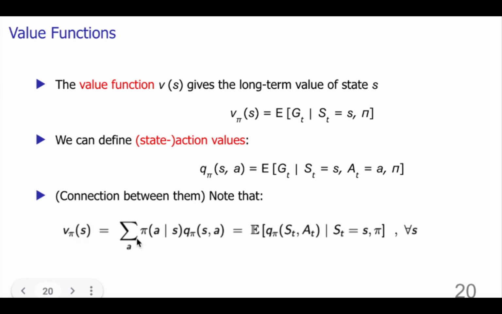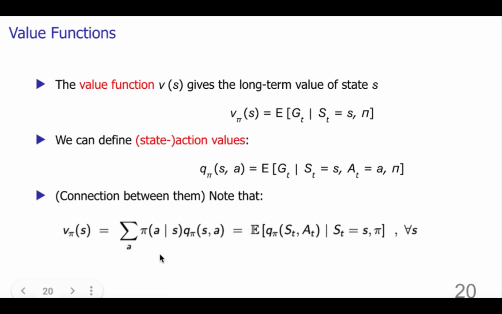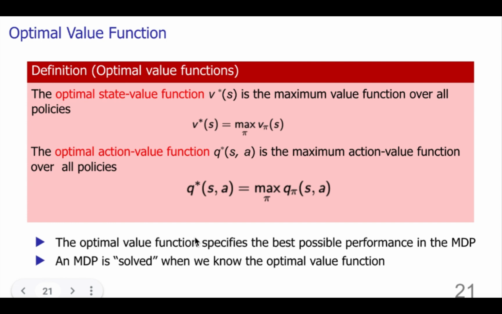Okay, so given this value of state over pi, let's talk about the optimal value of state. What were we saying here? We were calculating for all actions the action value and value of state together. But let's see what it means to be an optimal state value function. Last time we talked about argmax of value of state over pi.